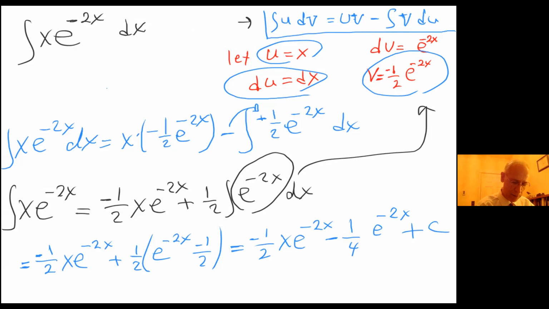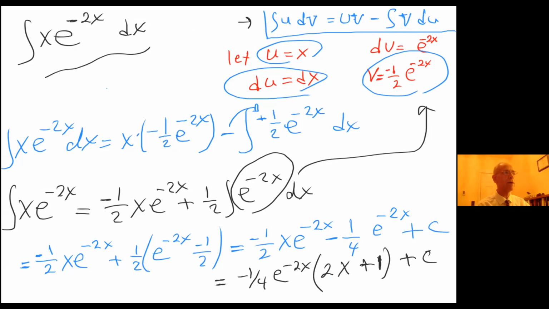So this equals -1/4 e to the minus 2x, parenthesis, I need a 2 in here, I need x in here, and I need a plus 1, plus c. Okay, so in the beginning, getting the antiderivative of the original problem seemed to be really difficult, but not so with integration by parts.